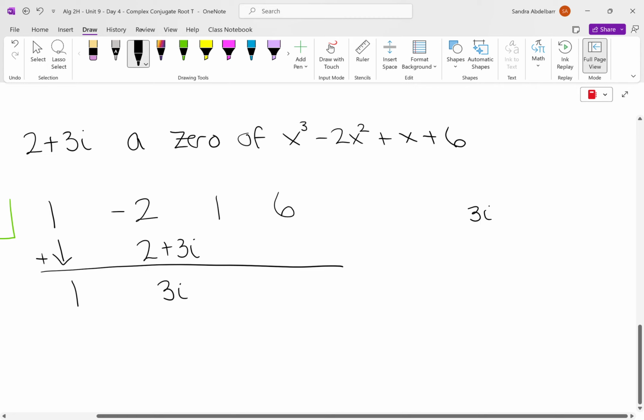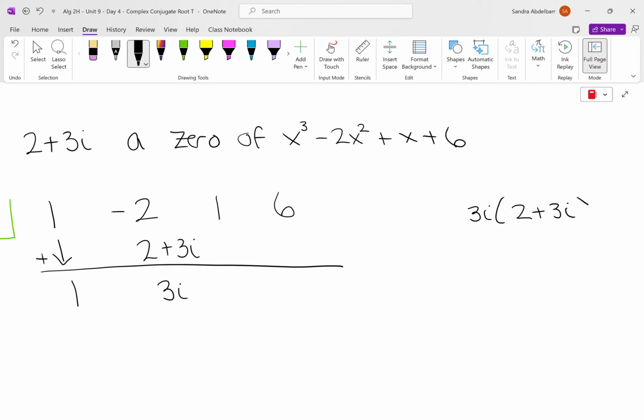Over on the side of my paper, I have to distribute that 3i to the quantity of 2 plus 3i. 3i times 2 is 6i. 3i times 3i is 9i squared, which just gives us -9.